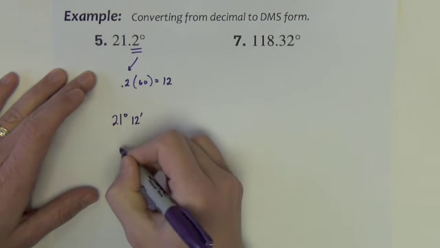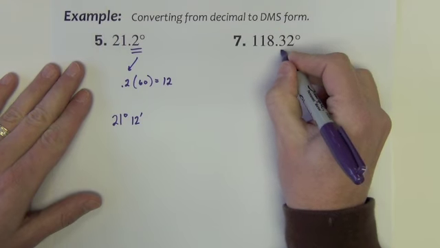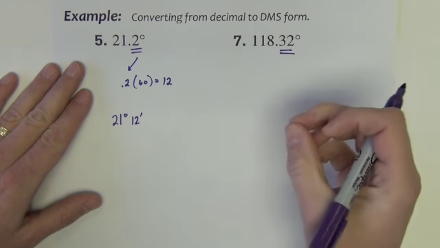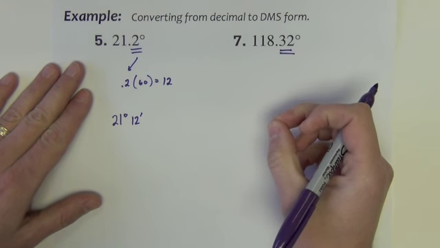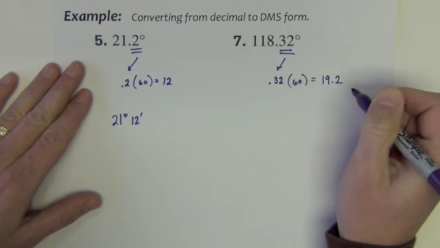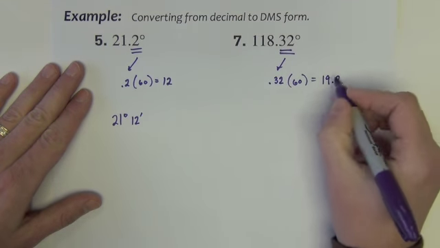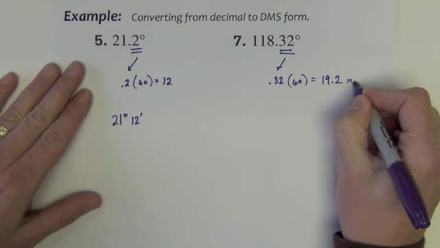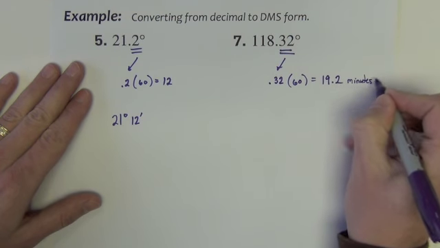Similarly, let's try this one. It's the same kind of thing. I need to know what part of an hour, how many minutes and seconds possibly, is 0.32. So 0.32 times 60 is equal to 19.2 minutes.